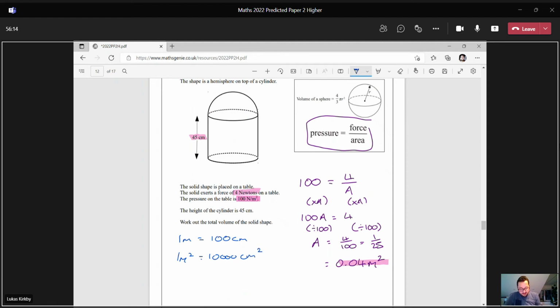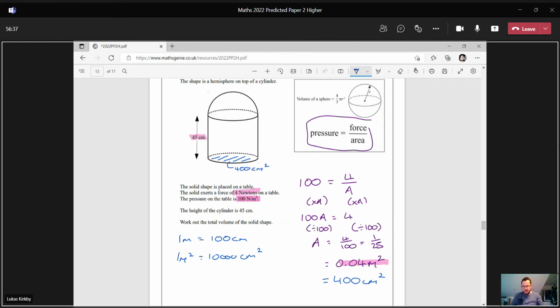So to get this into centimeters squared, I'm just going to times by 10,000. 0.04 times 10,000 gives me 400 centimeters squared. Lovely. And that is the area of this circle here. That is 400.